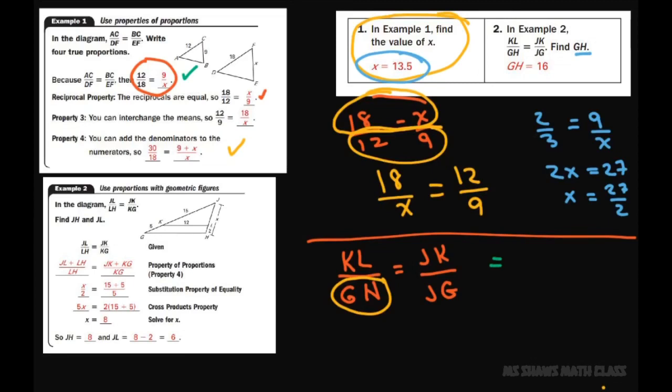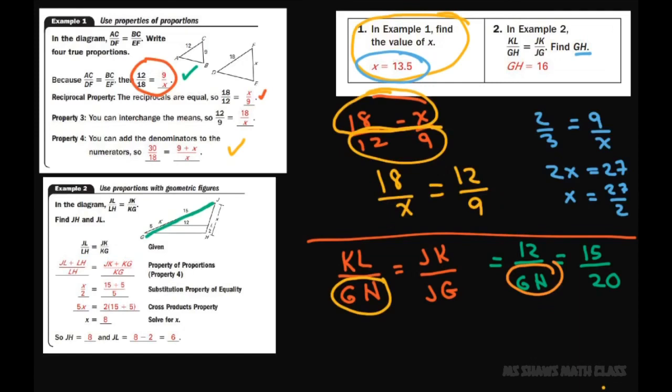So KL is 12. JK is what? JK is 15. And JG is this one. That's 5 plus 15, which is 20. So now we have to solve for this.